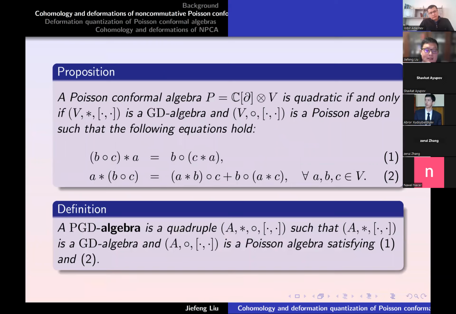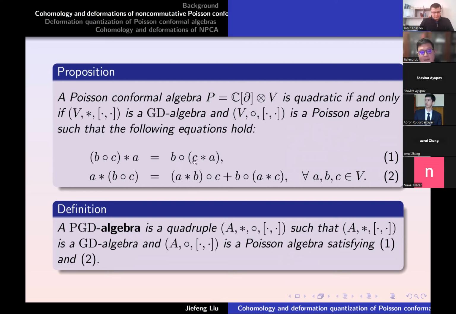Similar to the above proposition, we also give an equivalent description of a Poisson conformal algebra. A Poisson conformal algebra P is quadratic if and only if this is a GD algebra, equipped with this multiplication and bracket is a Poisson algebra, and satisfies the following equations 1 and 2.